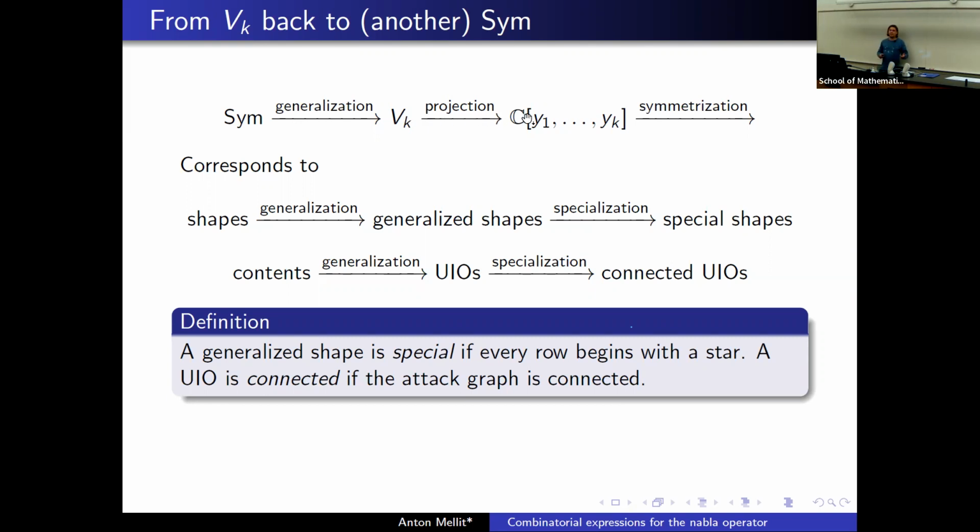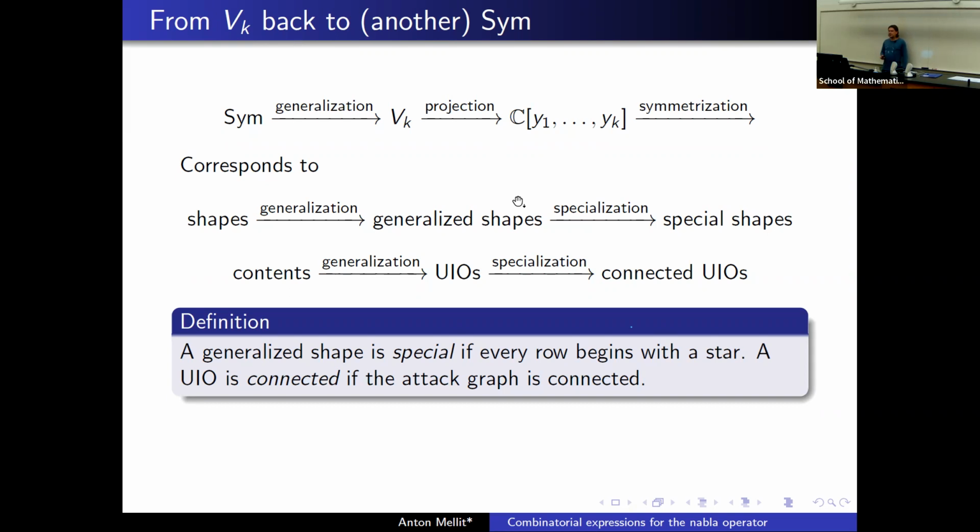But then you project to the new variables, and then you can symmetrize, which means you get again a symmetric function. So out of this element of VK, we can obtain the Shareshian-Wachs symmetric function, but we can obtain another symmetric function by doing the other thing: forgetting the x's and keeping the y's.